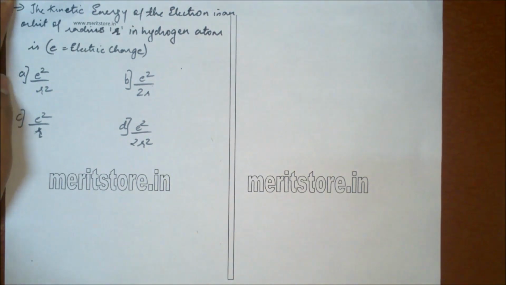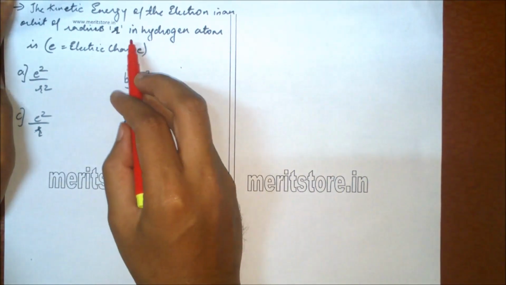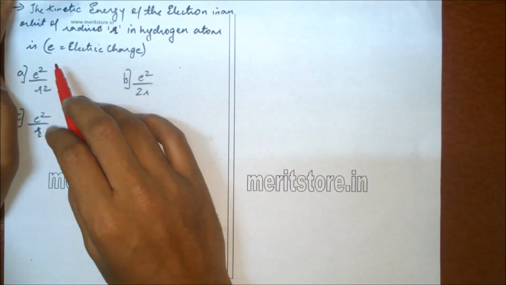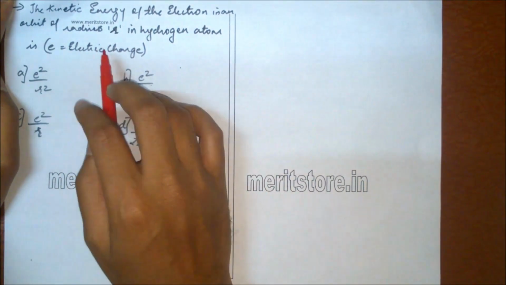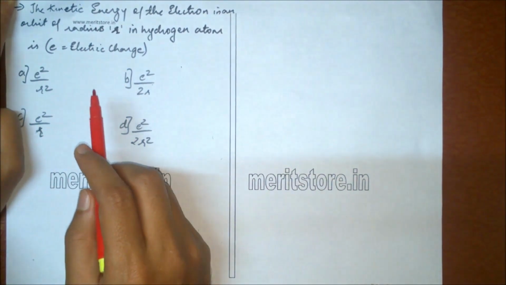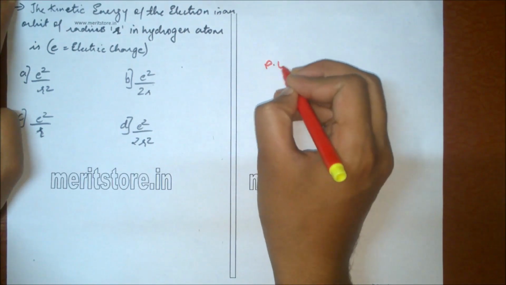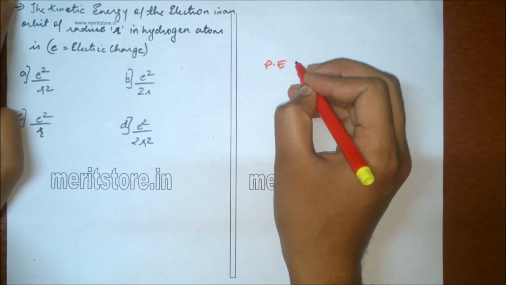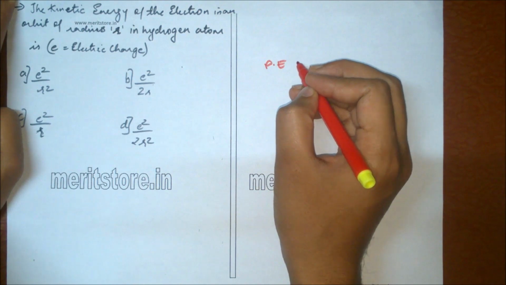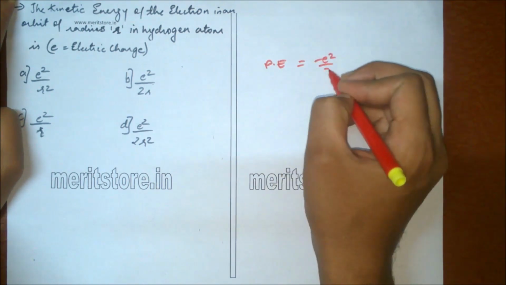The kinetic energy of an electron in an orbit of radius r in a hydrogen atom, with electric charge E. So we know that the radius is r, the electric charge is E. We have to find the kinetic energy. We know that the potential energy in the nth orbit with radius r in hydrogen atom H is equal to minus E square upon r.